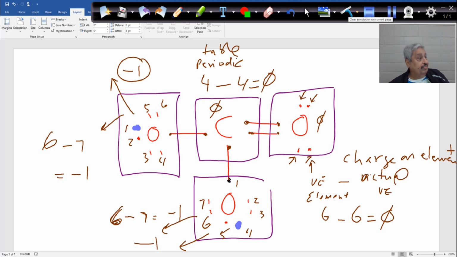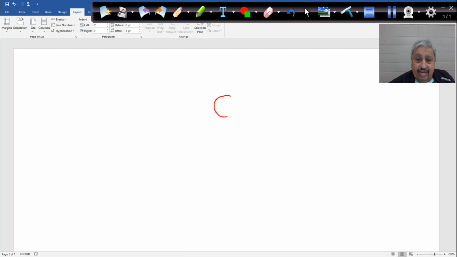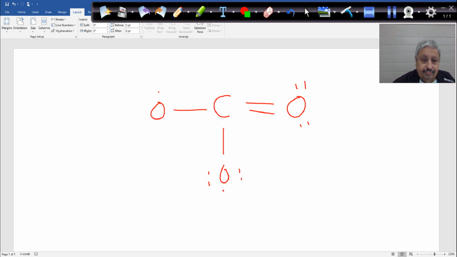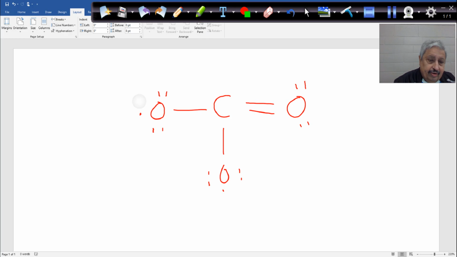Everybody has this? Let's look at this. Can I take it out? Okay, let's take it out and look again. How does it look like? So I have here oxygen, and here oxygen, and one came out as this molecule gained two extra electrons.